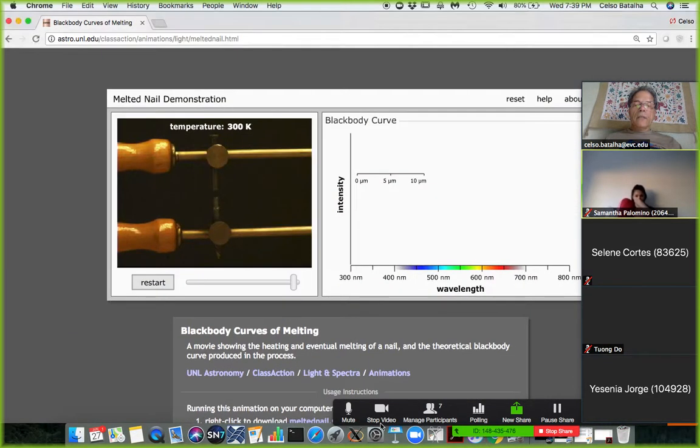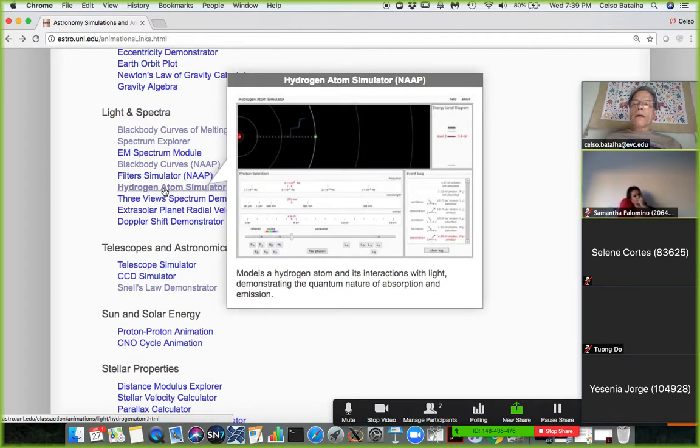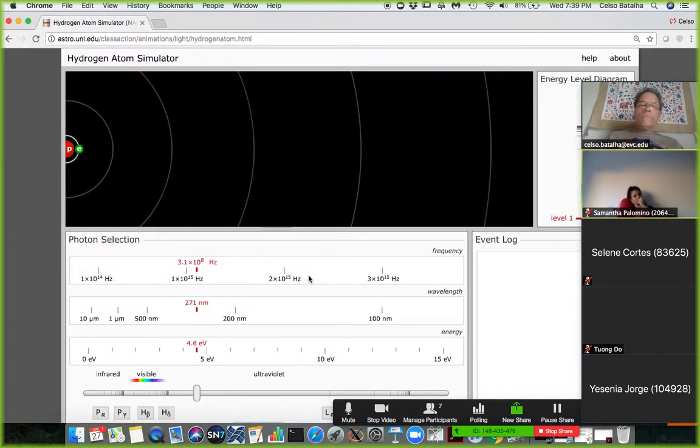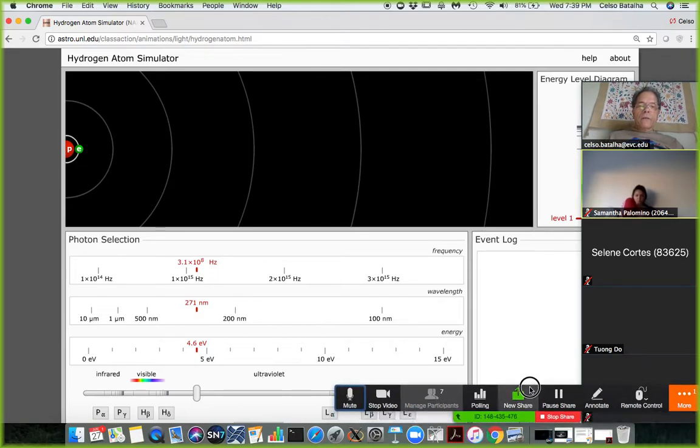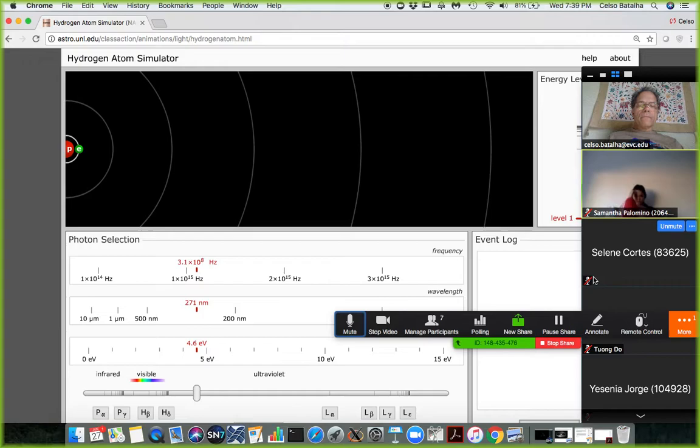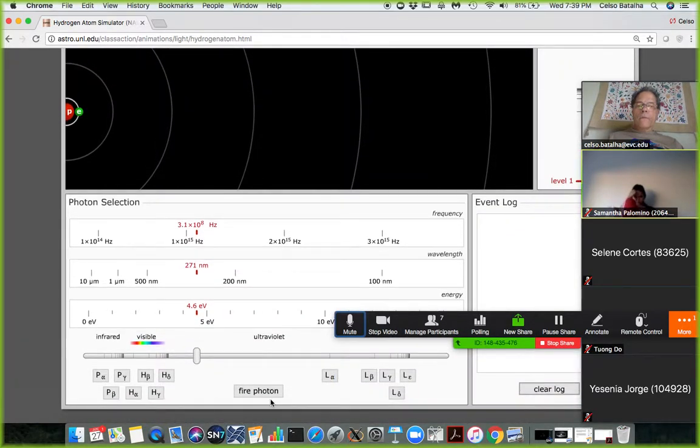The best way I have to explain, the best simulation, if you want to explore later, is also found in this simulator for the hydrogen atom. So here's a model of a hydrogen atom that has a proton and an electron. And what I'm going to do is fire a photon, a wiggly photon, and nothing's going to happen.